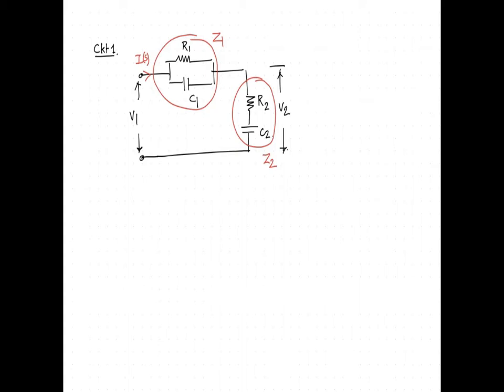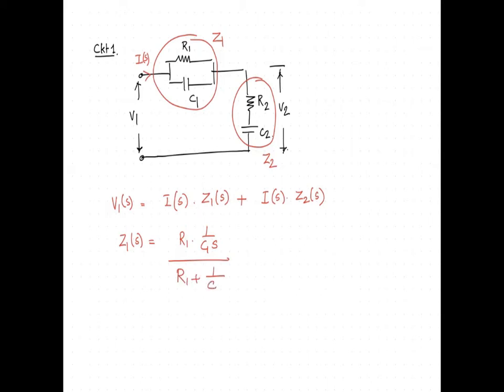In the Laplace domain, I can write V1(s) is equal to I(s) Z1(s) plus I(s) Z2(s), where Z1(s) is nothing but R1 into 1/(C1 s) by R1 plus 1/(C1 s), and Z2(s) is equal to R2 plus 1/(C2 s).